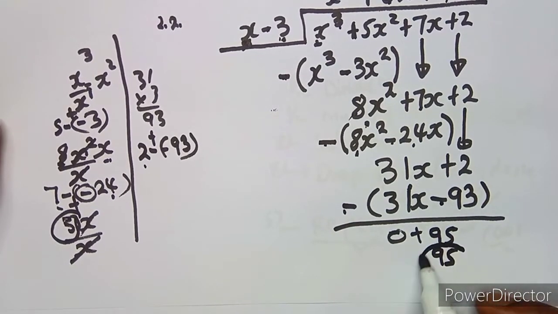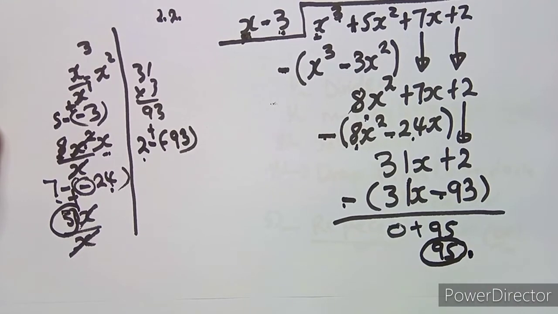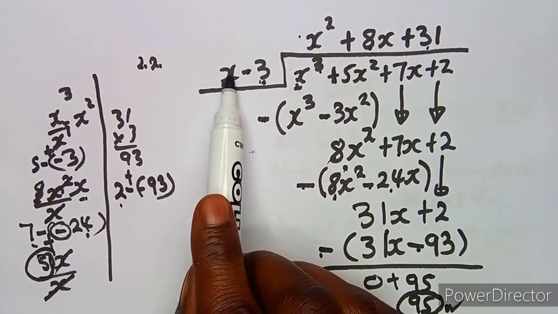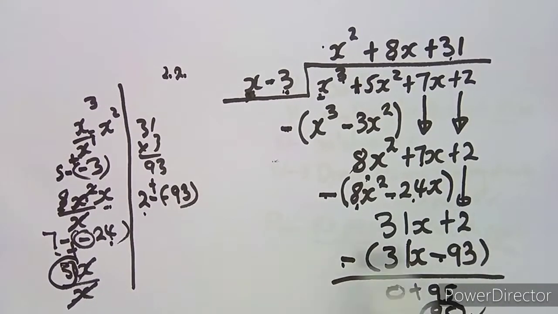So this time, guys, take note, we are having a constant term. There is no x, so that is your remainder. So this time, this one is not a factor because it is giving us a remainder. If it was a factor, it was going to give us 0, but this time you're obtaining a remainder of 95.